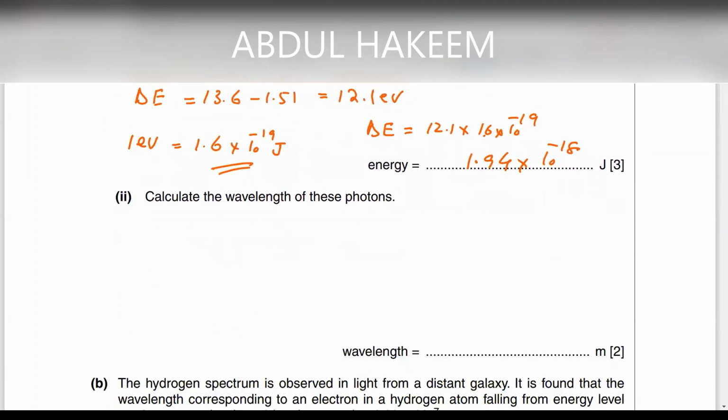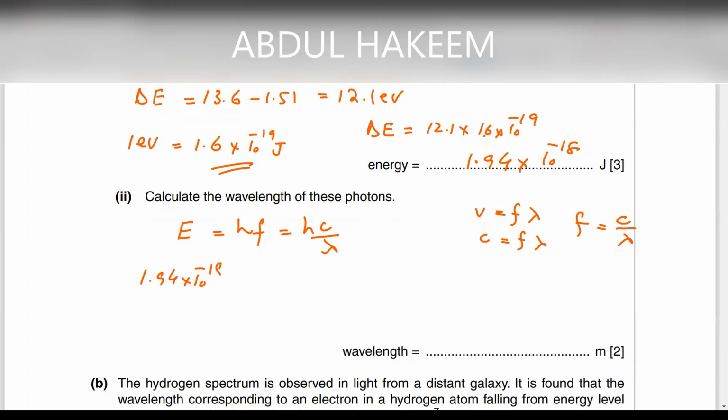Next is calculate the wavelength of these photons. So the energy is equal to hf or hc over lambda, because v is equal to f lambda. So for the speed of light, c equals f lambda, and f is equal to c divided by lambda. So the energy is 1.94 into 10 power minus 18. The Planck constant h is 6.63 into 10 power minus 34.